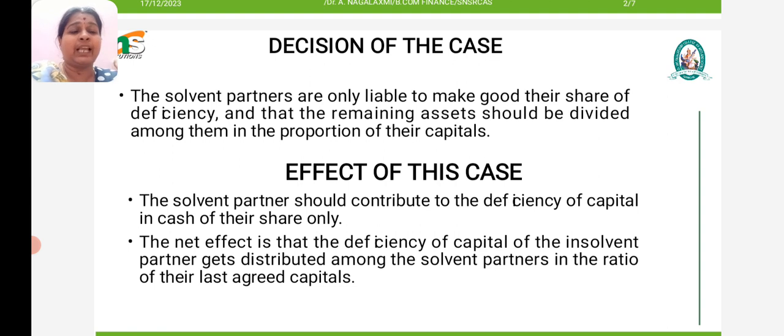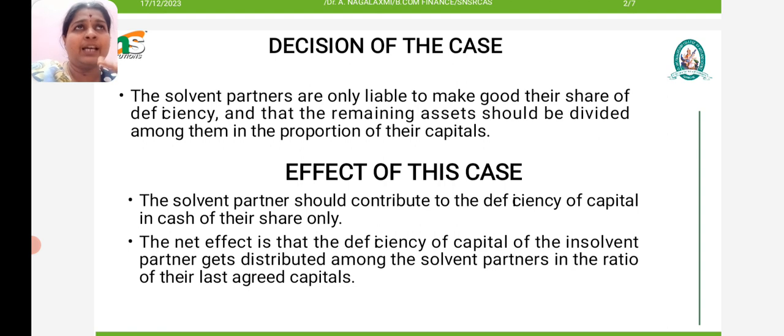But in this case, one partner is insolvent and his capital account is in negative. So no way that partner can contribute to the deficiency. So the decision given is that the solvent partners have to bear the share of deficiency.